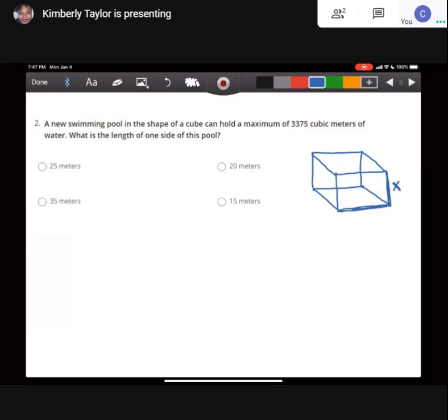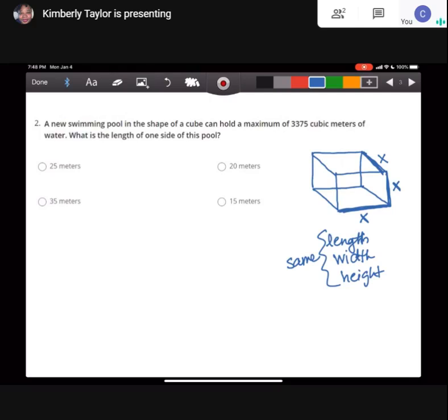How wide it is is a variable. And then how long it is is the same variable. So they're telling you that the length and the width and the height are all the same. Okay? So we just want to know what's going to be the length of one of the sides.